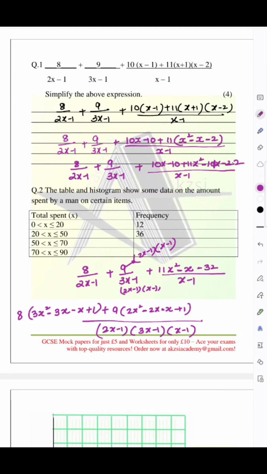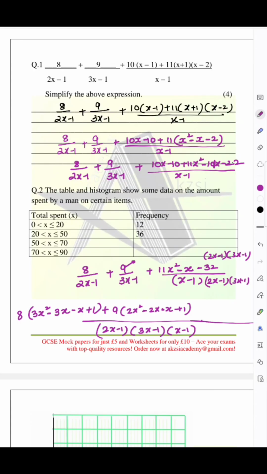And for the last one, I'll do the same thing. That means I have to divide and multiply by 2x minus 1 and 3x minus 1. So this would be 2x minus 1 times 3x minus 1, and up there it's 2x minus 1 times 3x minus 1.